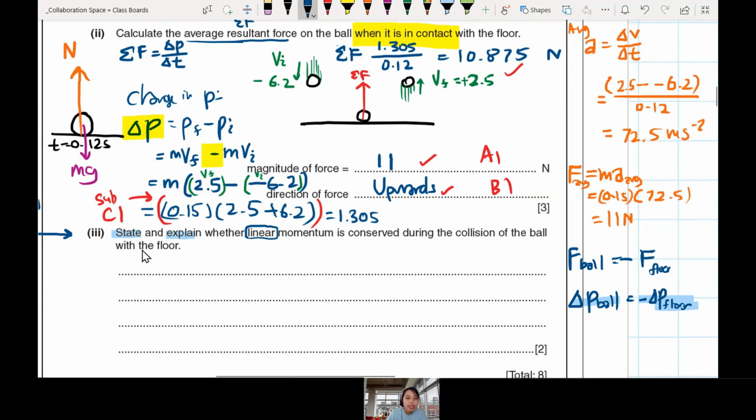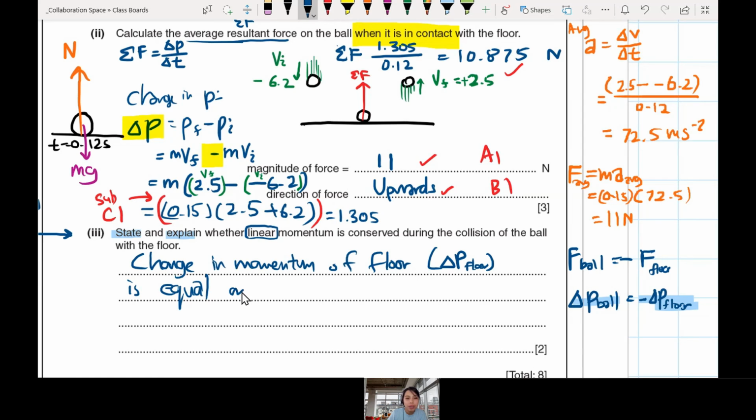So here's what I can say. The change in momentum of the floor, which I write on the side as delta P floor, is equal and opposite to the change in momentum of the ball.